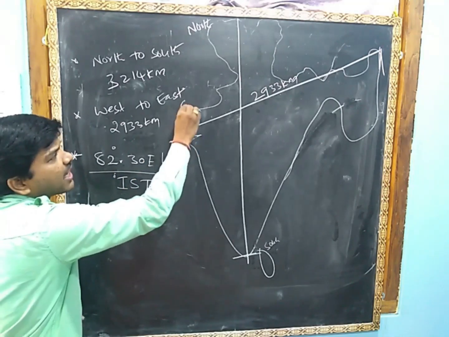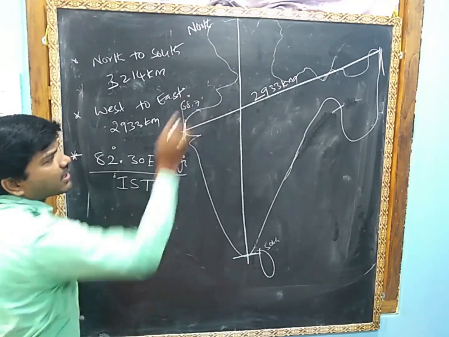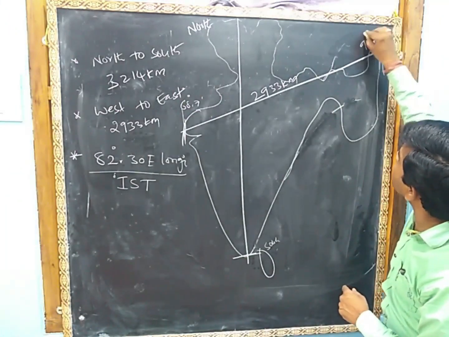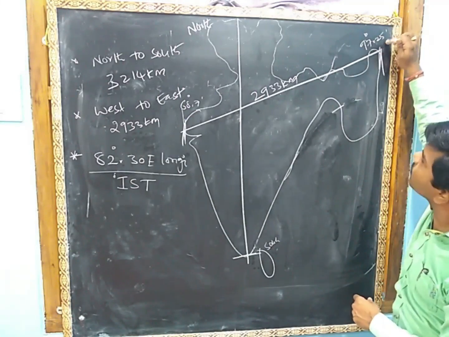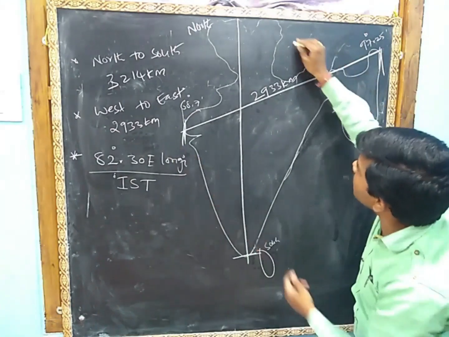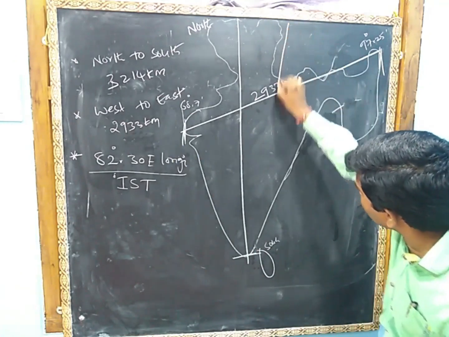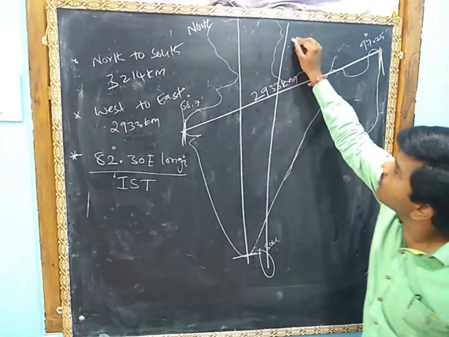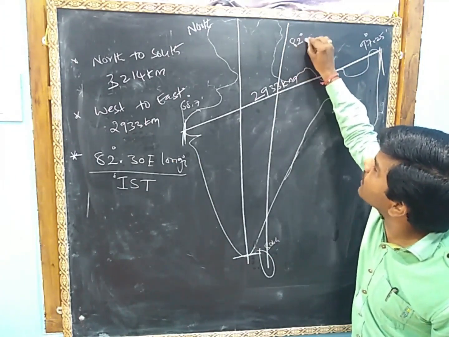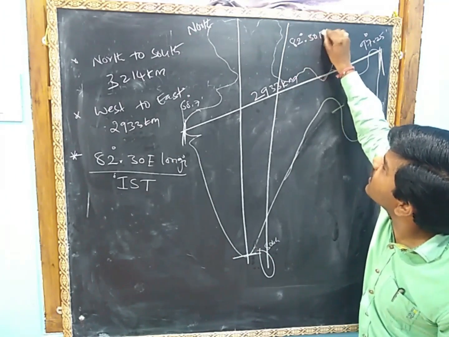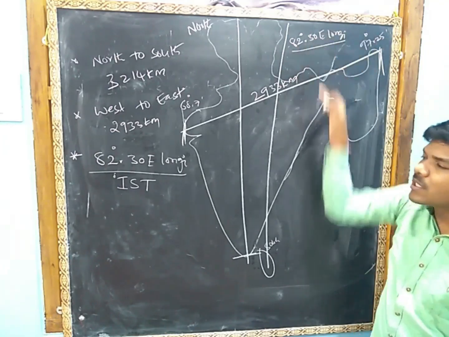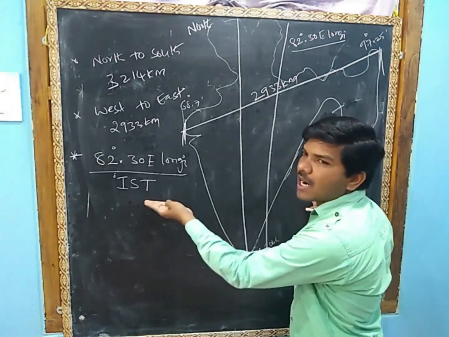We know that here is 68 degrees 7 minutes, and here 97 degrees 25 minutes. Between these, one longitude is going on. This longitude is 82 degrees 30 minutes east longitude, and it is considered Indian Standard Time.